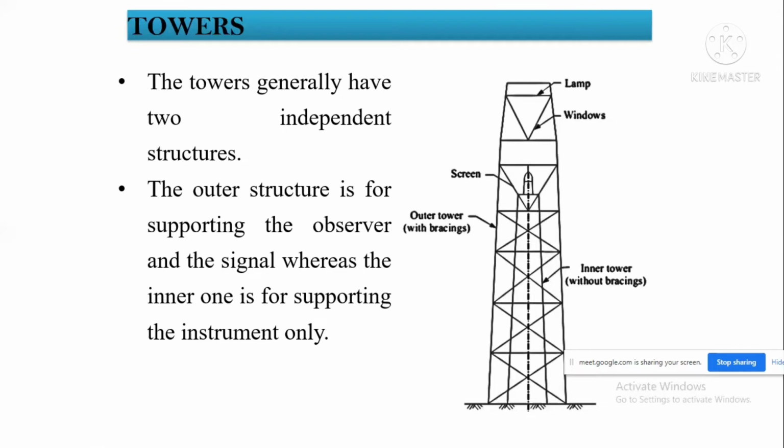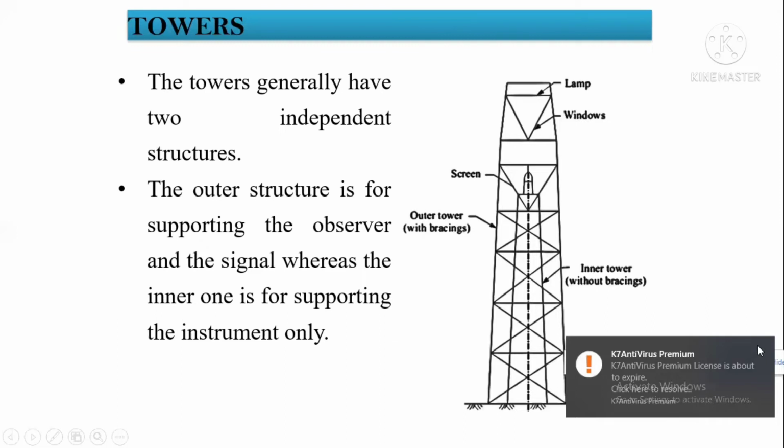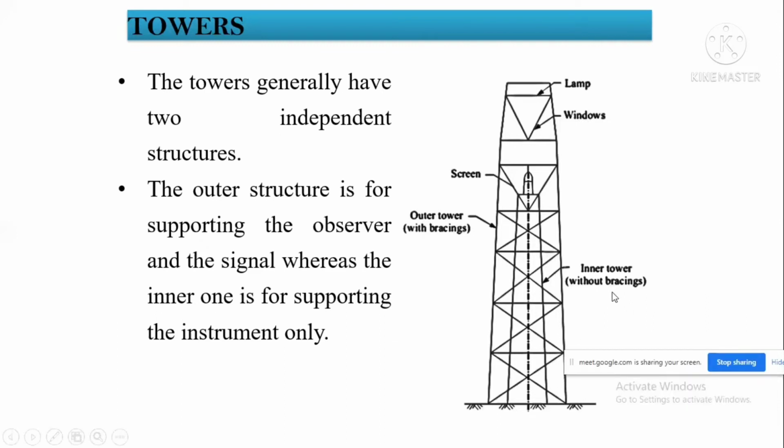This is mainly constructed of steel sections. Whenever the work is carried out, they can be dismantled and carried for further work. These are not permanent structures. Generally this Bilby tower can raise the observer and lamp to a height of 30 meters or even 40 meters. Since it is of steel section, direct bolting is there, and you can place it at any position.